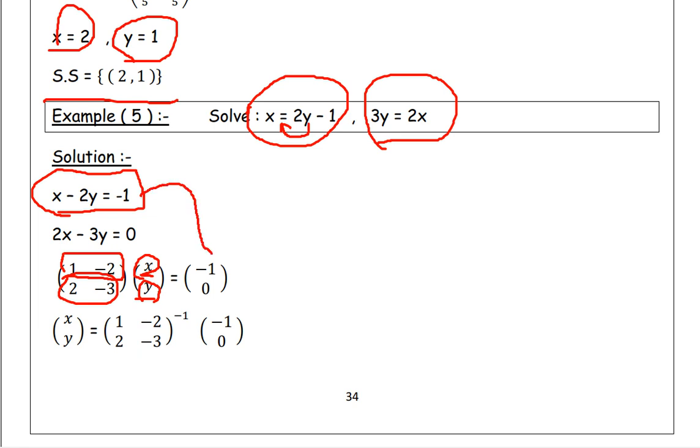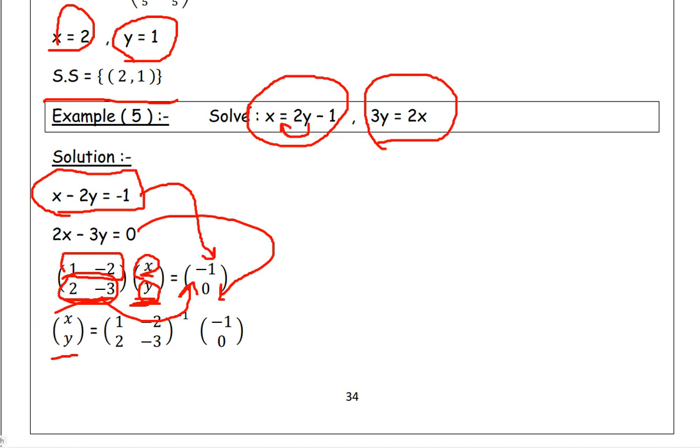So to find the matrix of the unknowns, x and y, the matrix before the unknown matrix will go here, before this matrix. So x and y, the matrix of unknowns, equals the main matrix to the power of negative 1.